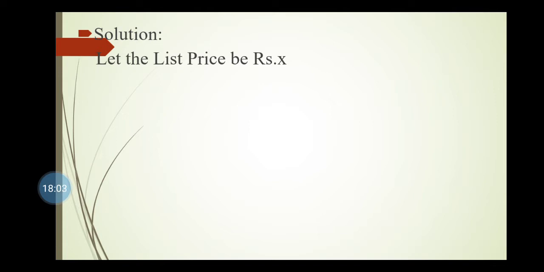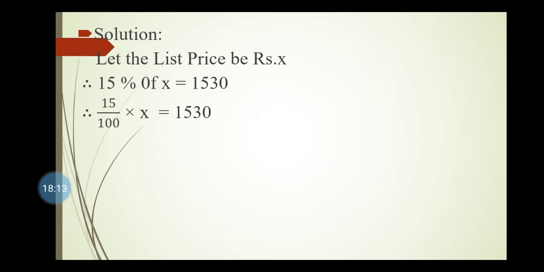Let the list price be rupees x. Therefore 15% of x equals 1,530. So 15 upon 100 into x equals 1,530. Again we have to transpose 15 upon 100 to the opposite side. When we transpose it, it becomes 100 upon 15.